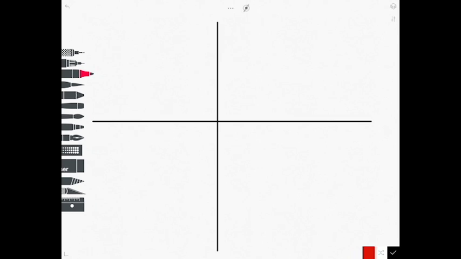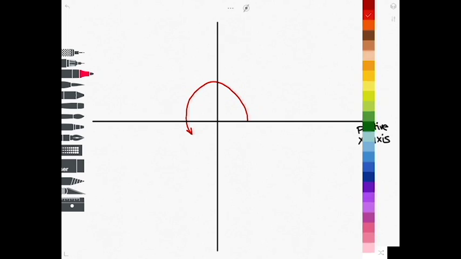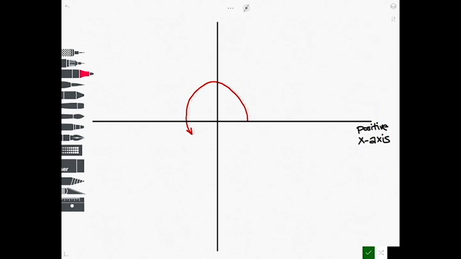You're going to rotate, and where you start from is the positive x-axis. The positive x-axis is our starting point. We start rotating from there, and as we rotate counterclockwise, eventually we come to some sort of stopping point, some sort of stopping side.